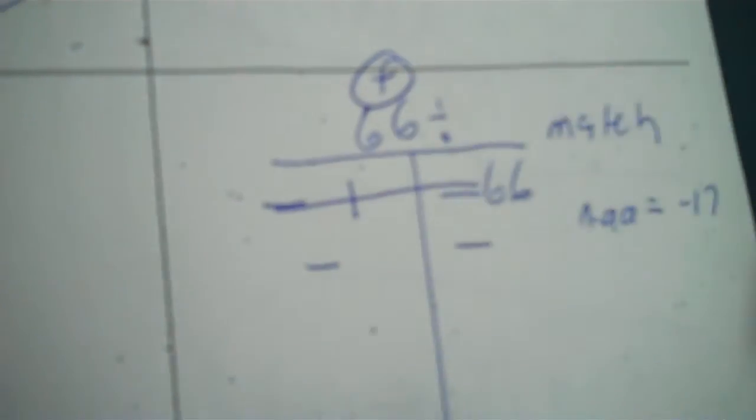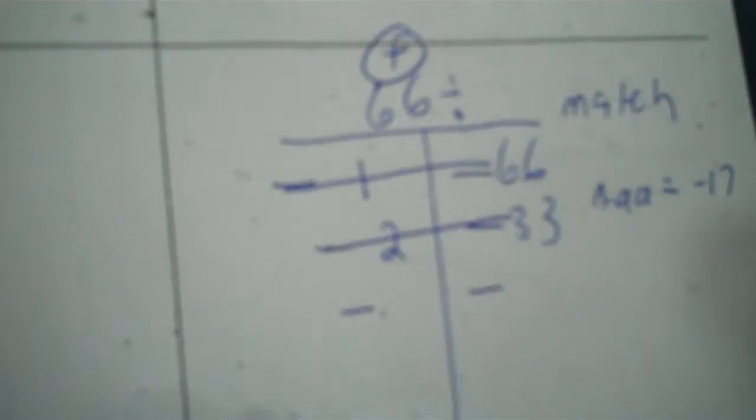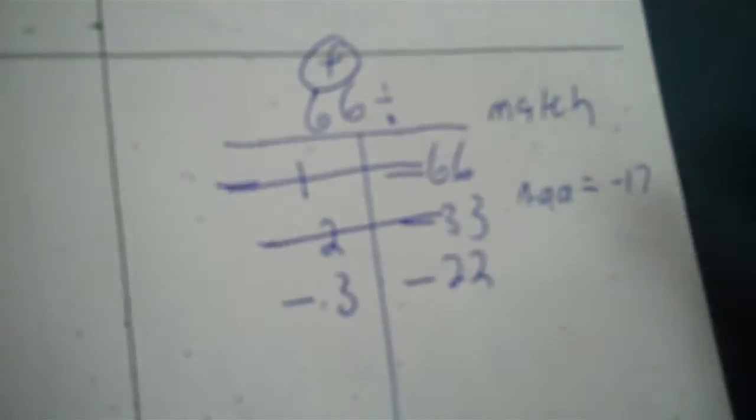We are adding to try to get to negative 17. 66 divided by 1 is 66. 1 and 66. Add those. No. After 1 comes 2. 2 and 33. No. After 2 comes 3. 3, 22. No.